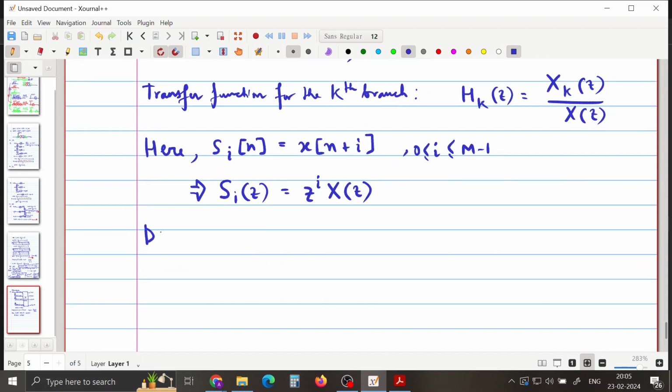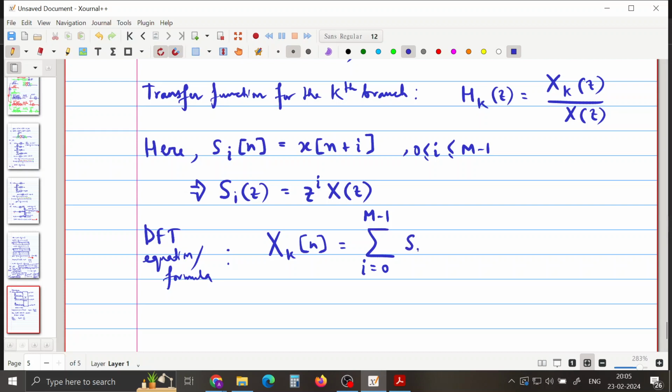We know the DFT formula gives the DFT coefficients, capital Xk of n. This is given by the summation, i running from 0 to capital M minus 1, of Si of n times W_m to the power ki, where W_m is nothing but the mth complex root of unity, which is e to the power minus j 2 pi by capital M. Okay, that's what is happening basically.